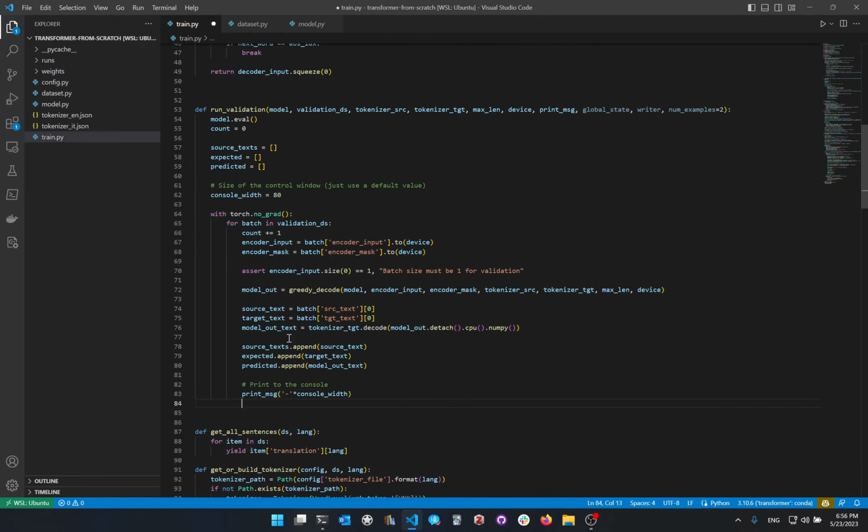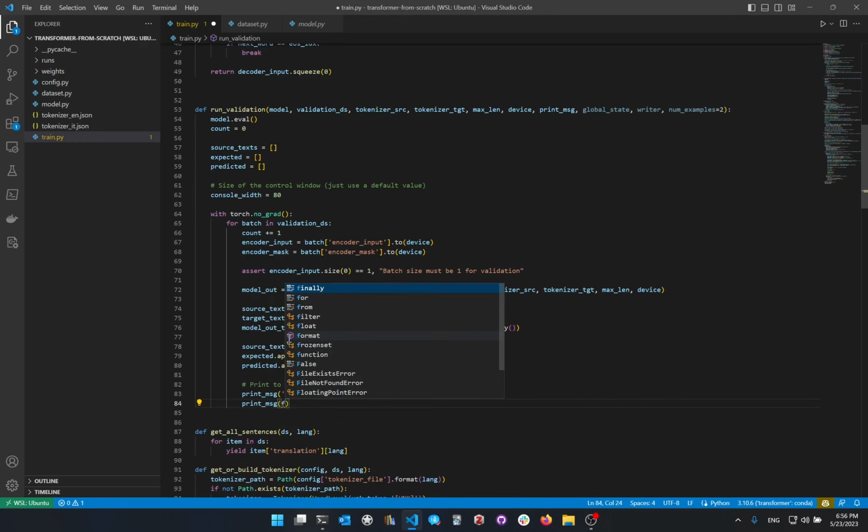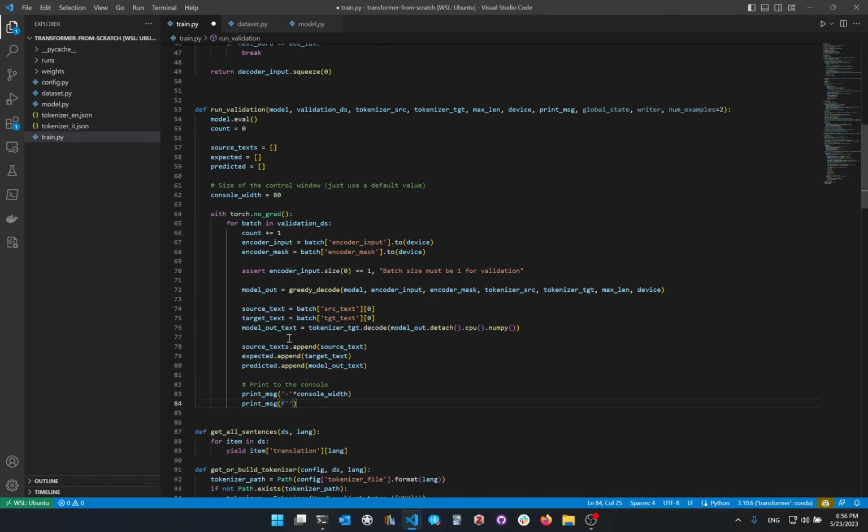Okay, we print some bars, and then we print all the messages.